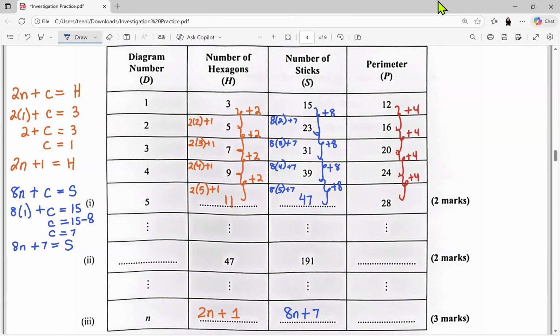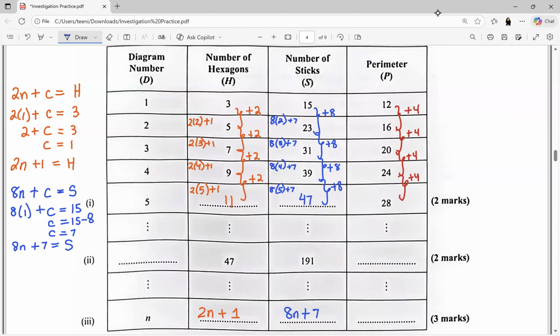Safi, what about if the diagram number is 8? How many sticks would you have? The rule is 8n plus 7. So my question is, if n, the diagram number, is 8, how many sticks will you have? Okay, I was just about to make sure that n is the diagram number.